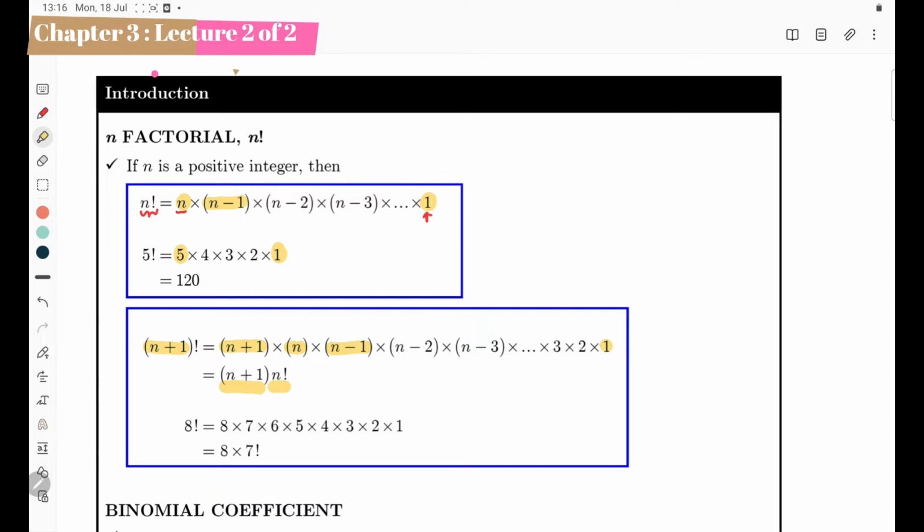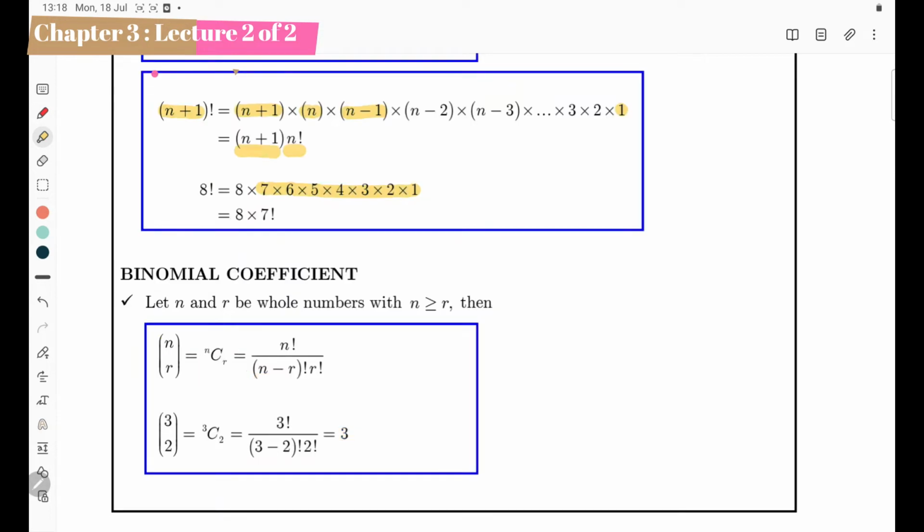For example, we have 8 factorial. It is equal to 8 times 7, 6, 5 up till 1. Take a look: 7 till 1 is actually 7 factorial. So we can write 8 factorial as 8 multiplied by 7 factorial.